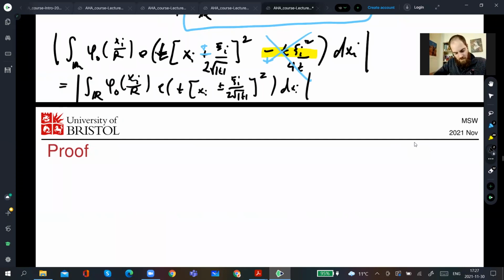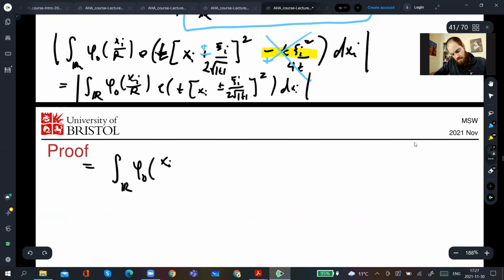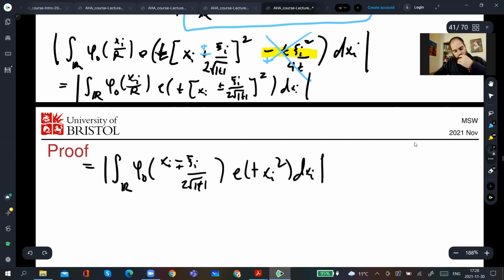So now I just translate that integral, right? This is equal to, by translation, well, minus or plus, the integral of e of t xi squared d xi in absolute value.